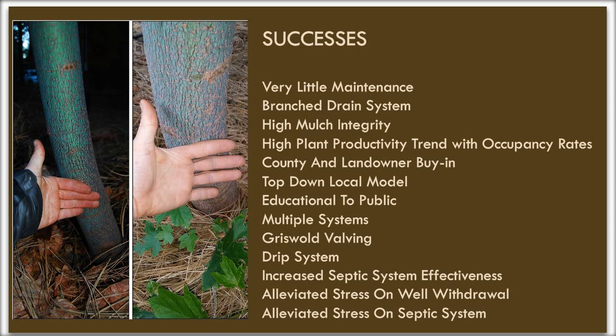Our success here is really that branch drain system. We've had a lot of high mulch integrity. We haven't had to do a lot of maintenance with a mulch basin. We've had the county and the landowner buy-in. We went from a county where this was their first graywater project at all, and they had never permitted a graywater project before, and the landowner was a little worried about doing graywater, to now they're doing a second lodge right down the road outside the gates of Yosemite, where they're going to be doing 95% capture of graywater.